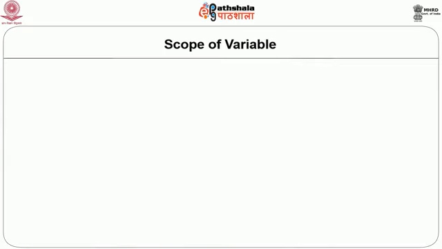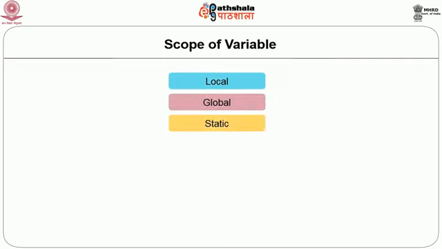Scope means the accessibility or visibility of a variable that you can use within the program. Scope of variable can be local, global, or you can say static. Static is also one type of scope we can consider. When you define a variable within a function, its scope is local.